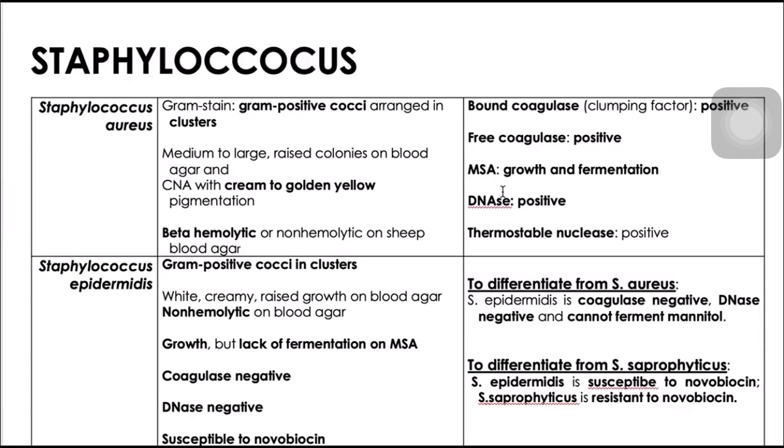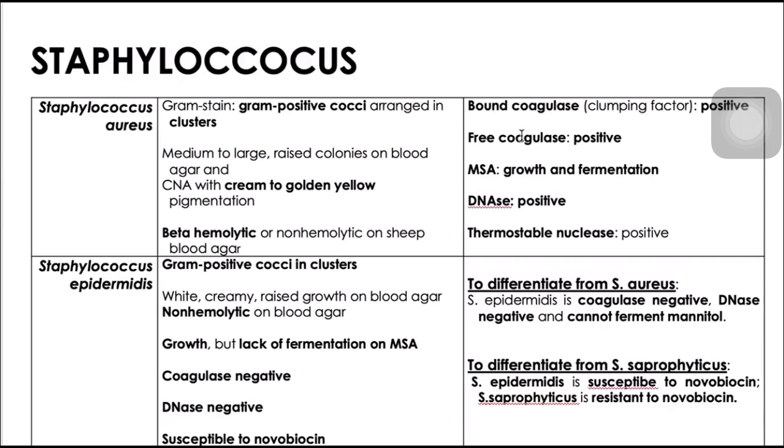So that high amount of salt will only allow the growth of Staphylococcus aureus, Staphylococcus epidermidis, Staphylococcus saprophyticus. While it is differential because of the presence of mannitol, because not all Staphylococcus can ferment mannitol. So Staphylococcus aureus is known to ferment mannitol, while other Staphylococcus epidermidis, saprophyticus, they can't ferment mannitol.